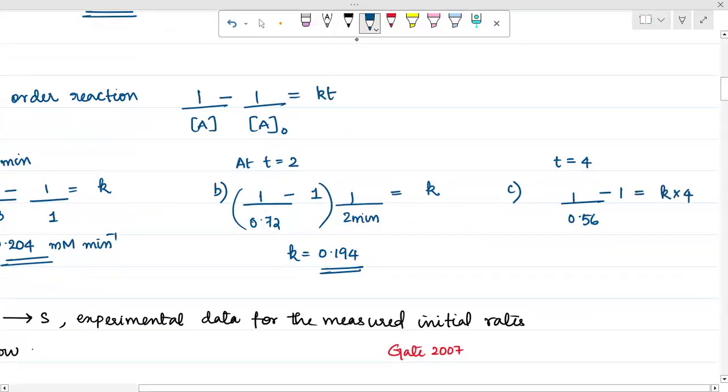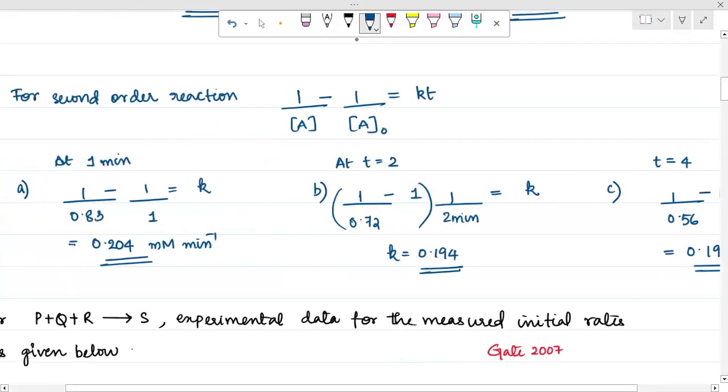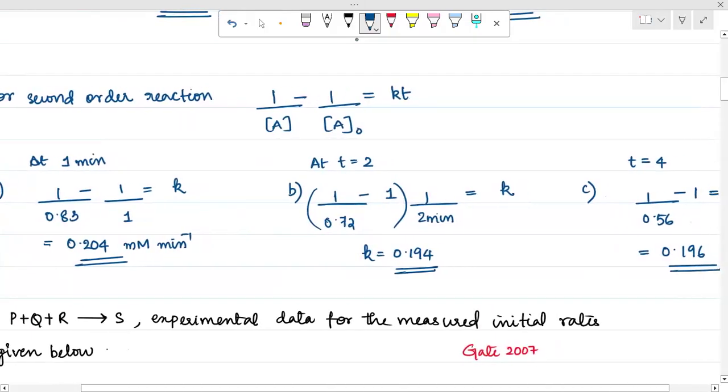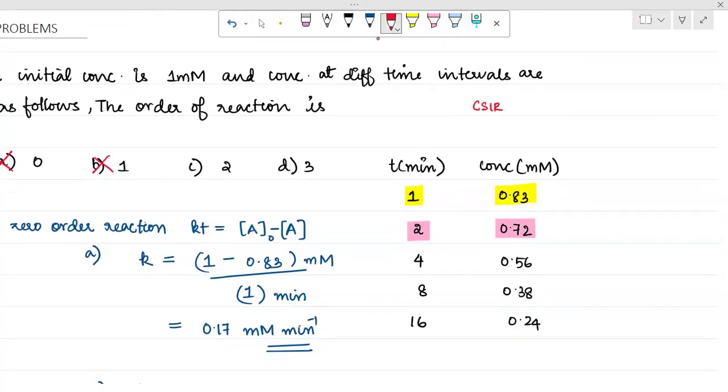You bring 4 to this side and solve, you will get K is equal to 0.196. No matter what time you take, the rate constant is not going to change. And here they're very closely related, and hence the final answer is C. You need not worry about the units because they are all in a similar manner.